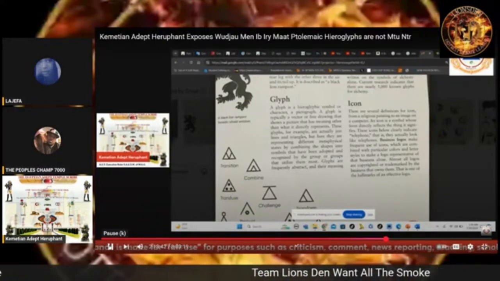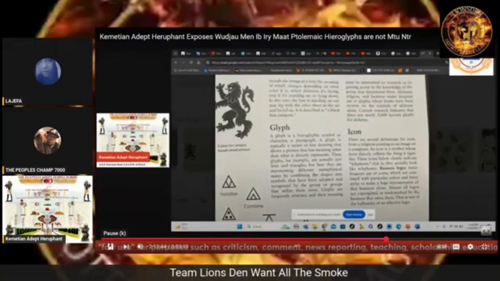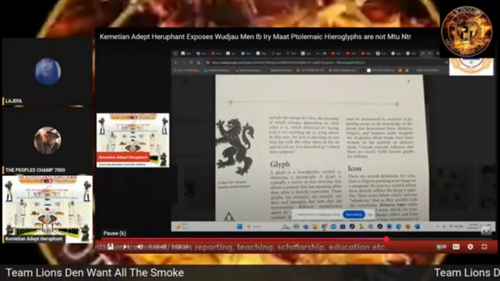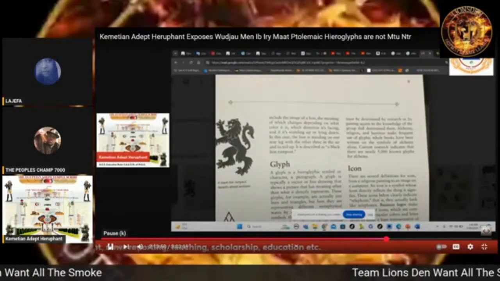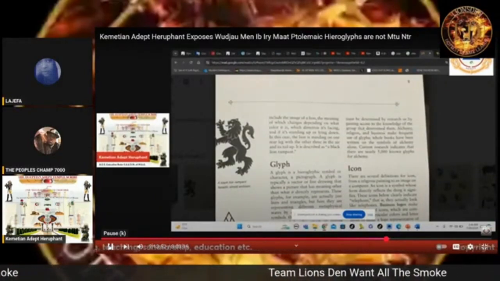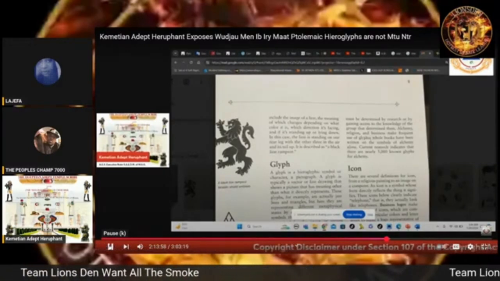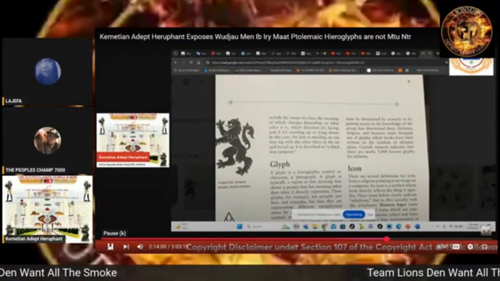So they said glyphs are frequently abstract, and their meaning must be determined by research or by gaining access to the knowledge of the group that determined them. Alchemy, religion and business make frequent use of glyphs.